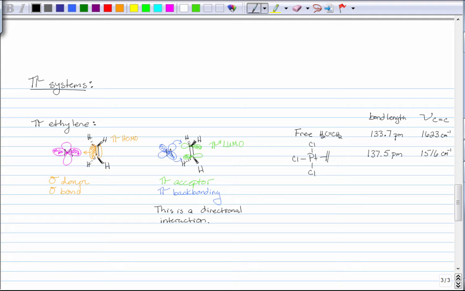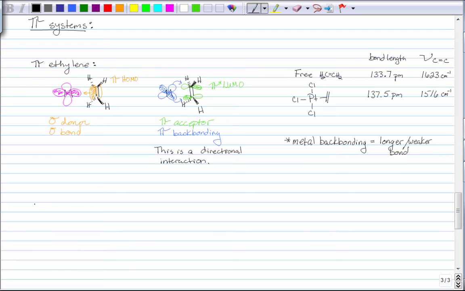This is a longer, weaker bond than free ethylene, which has a bond length of 133.7 picometers and a vibrational frequency of 1,623 inverse centimeters. The increased bond length and weaker carbon-carbon bond of the platinum complex is explained through metal pi backbonding. As the metal backbonds into the pi star LUMO of the ethylene, it weakens its carbon-carbon bond.